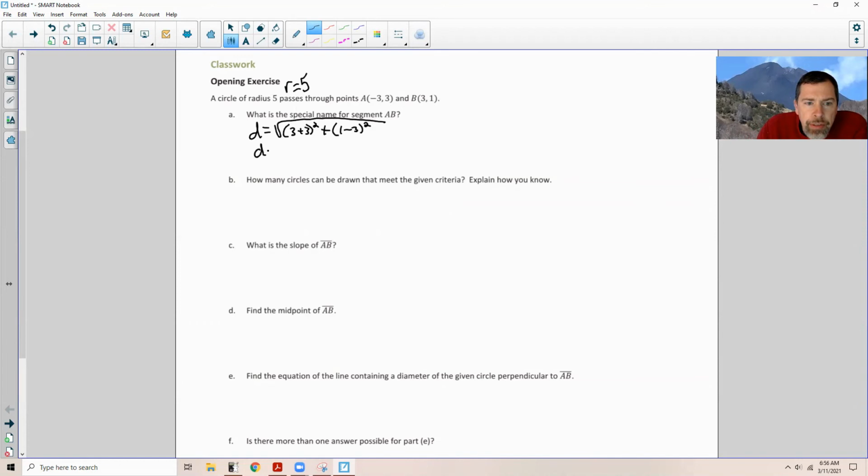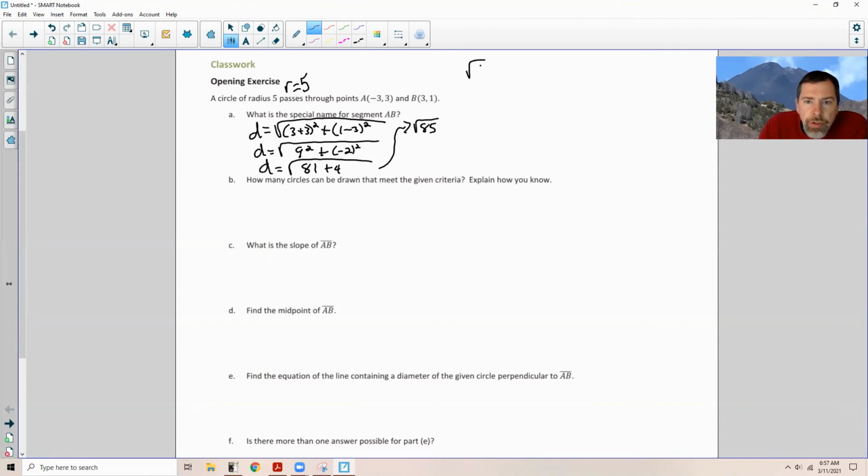So the distance equals the square root of 9 squared plus negative 2 squared. Actually, let me just show that since I showed the 9. Negative 2 squared is 4. That is going to become the square root of 81 plus 4. So the distance is the square root of 85.